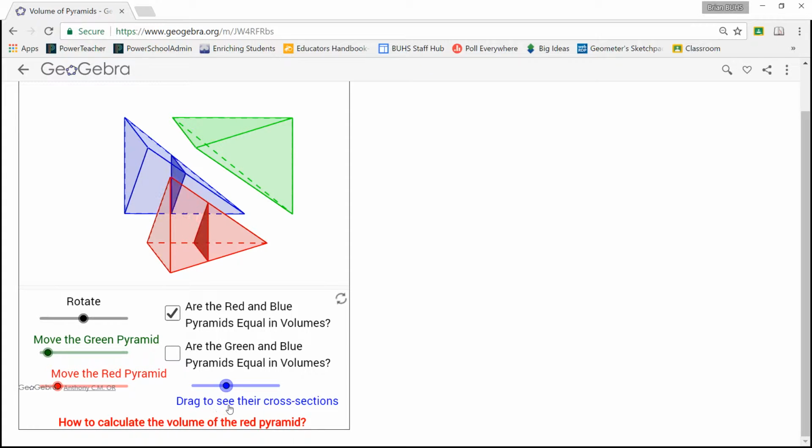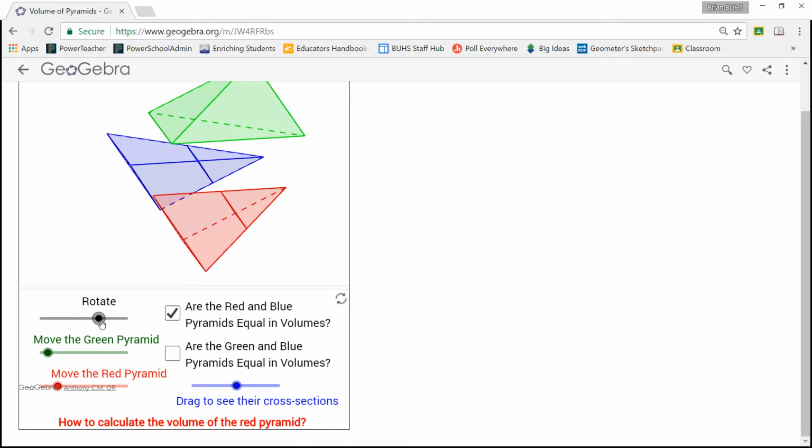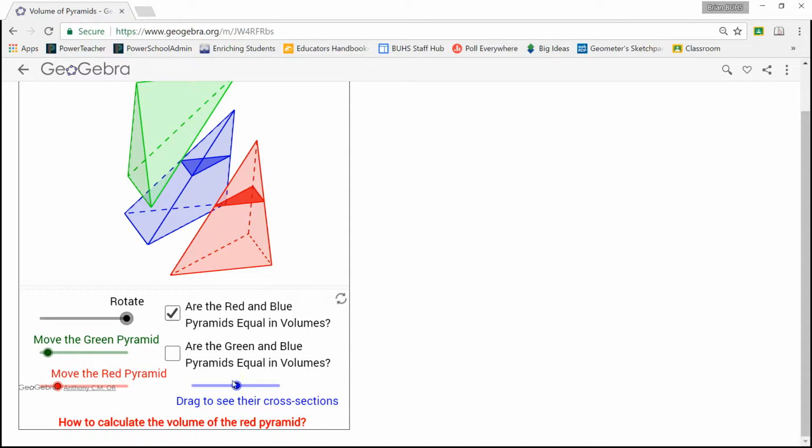These are actually equal area cross sections the entire way. They're not arranged exactly the same, but those two figures would be the same volume.